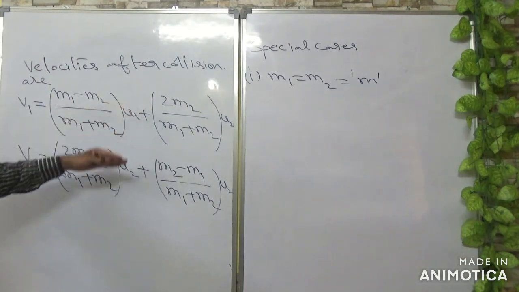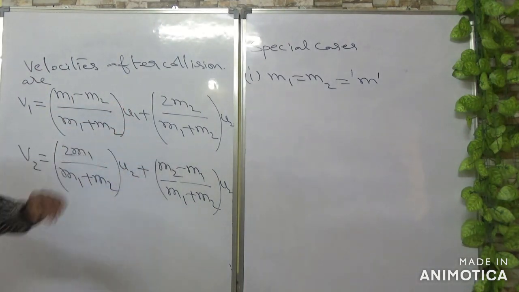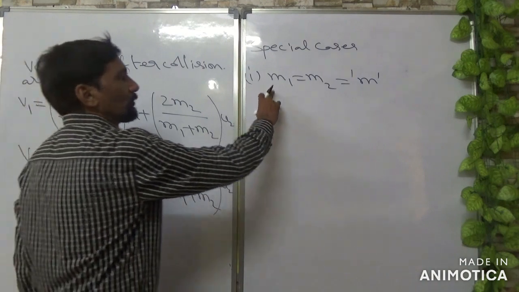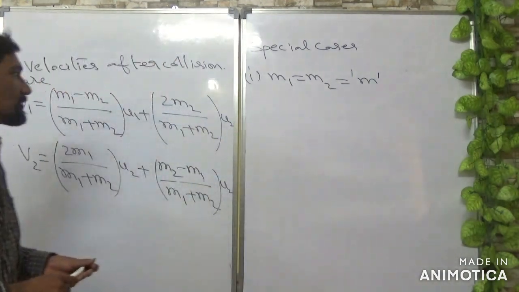These are the formulas for final velocities. Now in this case both have equal masses.